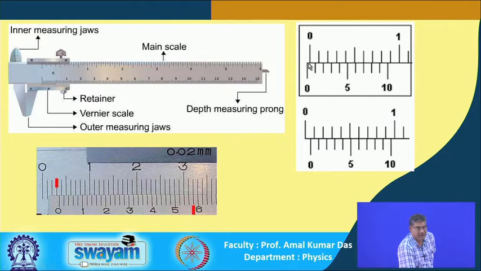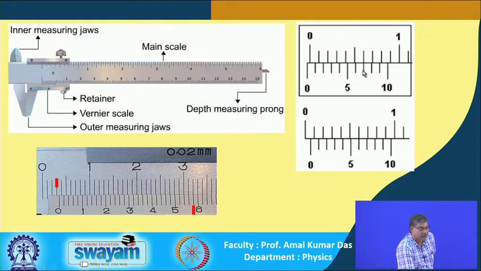So, what is the value of this error? For that we have to see which division of the vernier scale coincides with the main scale. Here you can see the seventh vernier division, this line coincides with this main scale line.